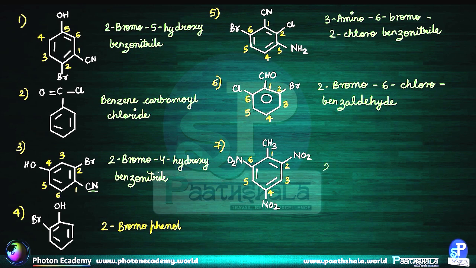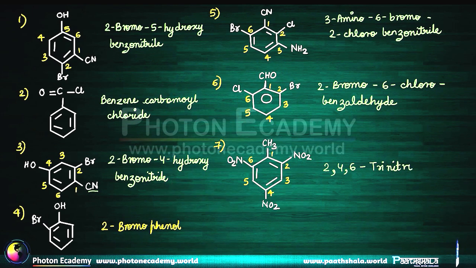So the name of this compound is 2, 4, 6 trinitro, and then CH3 along with benzene is called toluene. So the name becomes 2,4,6-trinitrotoluene.